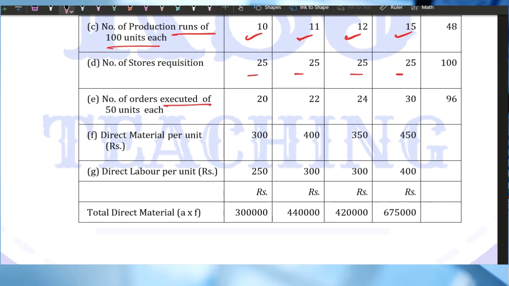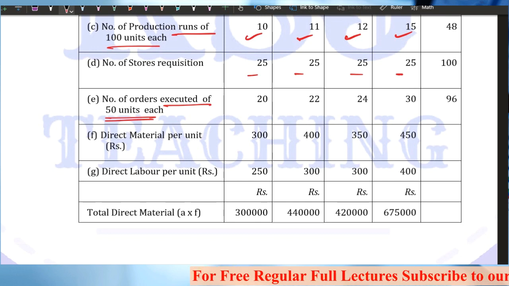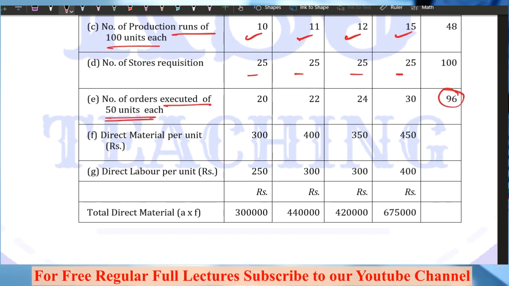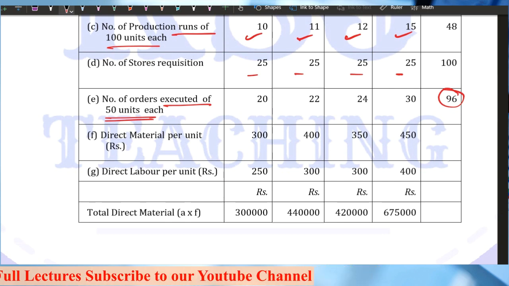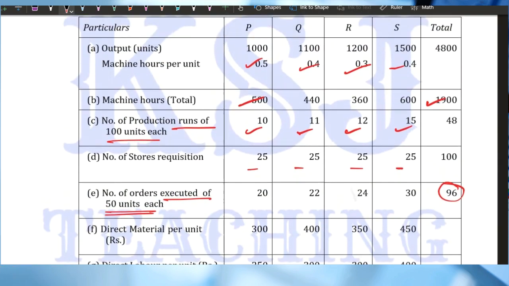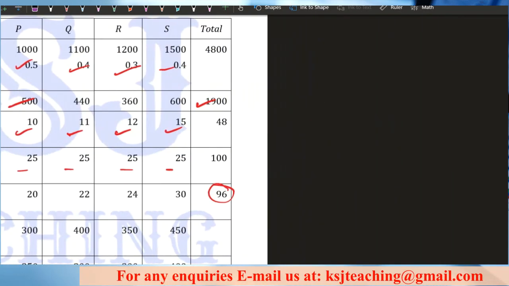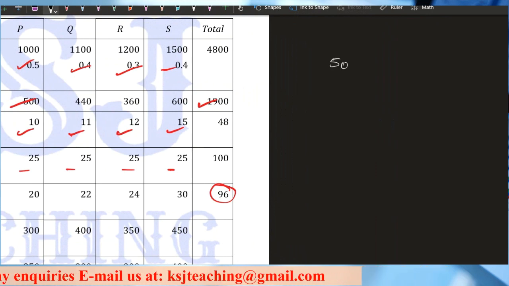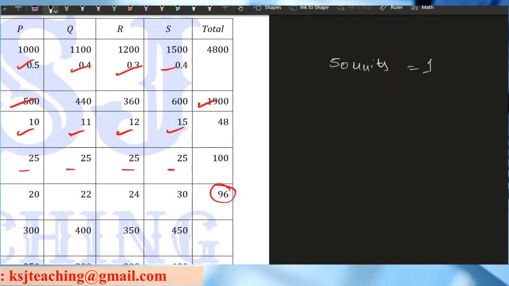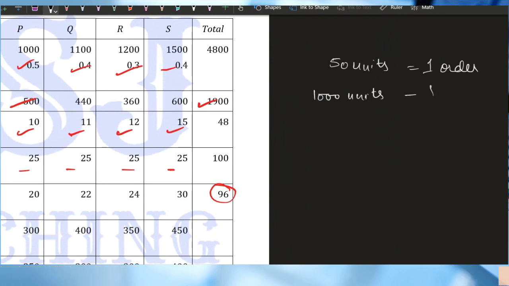Number of orders executed, with 50 units per order: total is given as 96, but how many for each product? If you are manufacturing 1000 units and 50 units is equal to one order, so how many orders are required? 20.